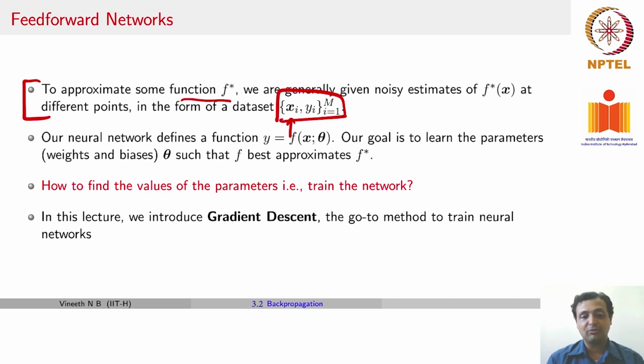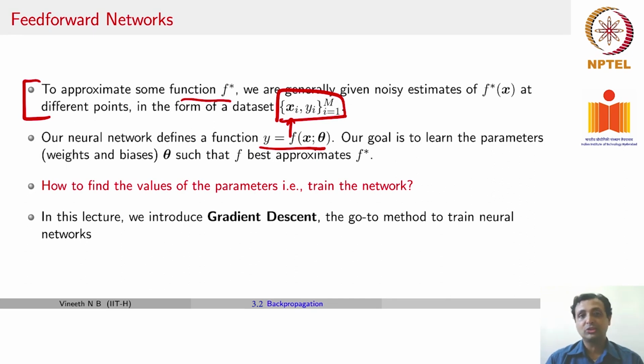So our neural network defines a function y, which is f of x comma theta. X is the input. By theta, we're going to refer to all the weights and biases that we have in the neural network. We're going to henceforth call theta the parameters, or the weights and biases, of the neural network. These are the values that parameterize your neural network. That's what defines the function output that you're going to get when you propagate a value through your neural network.